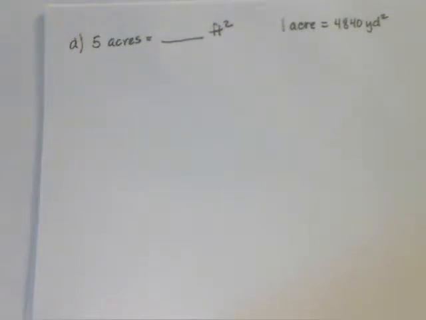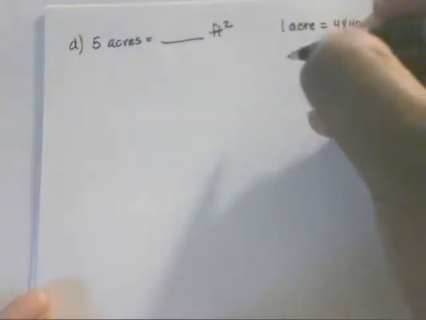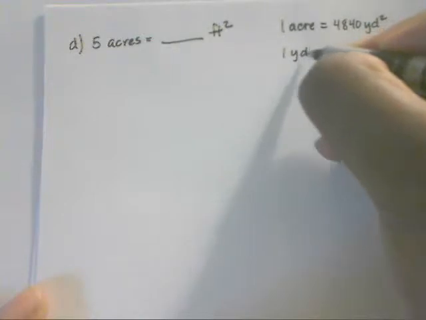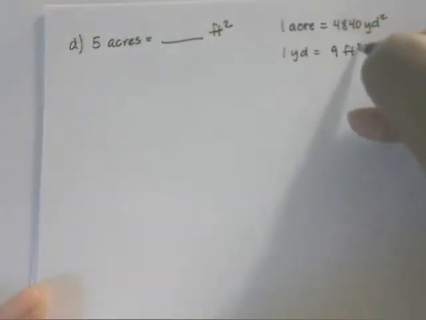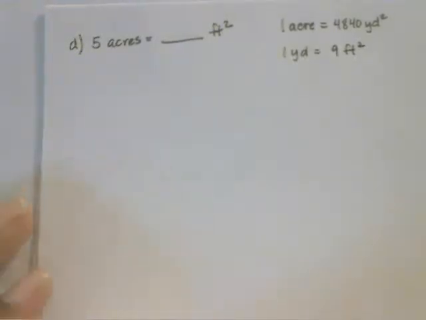And the fact that 1 square yard is equal to 9 square feet. So we're going to have to use both of these equivalencies to convert from acres to square yards, and then from square yards to square feet.